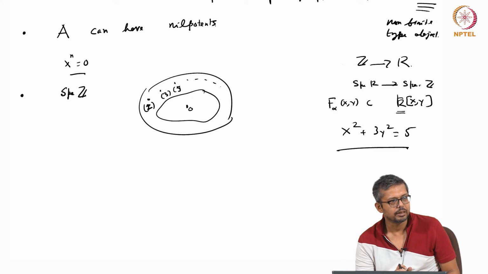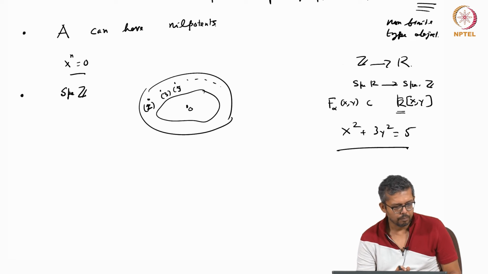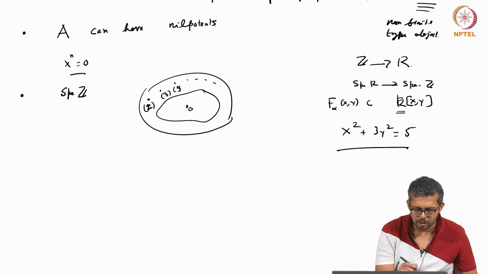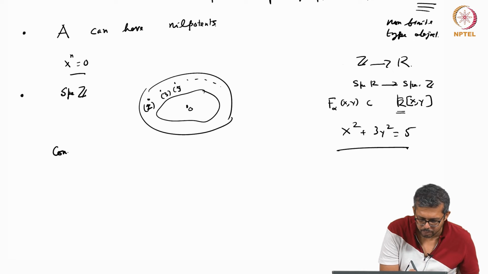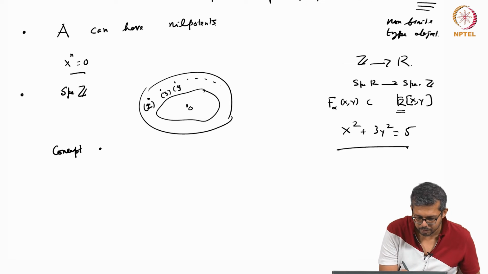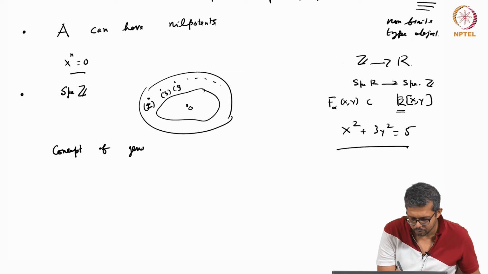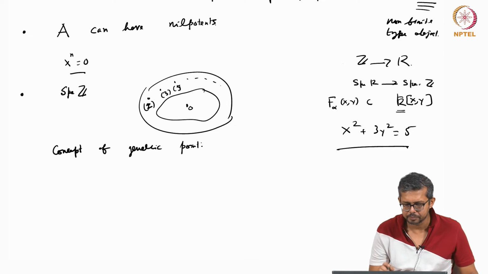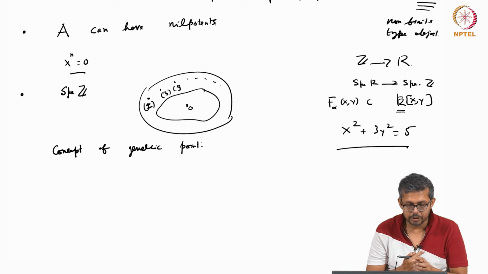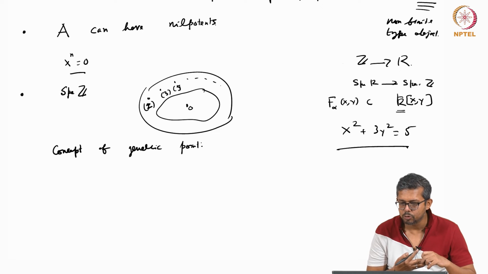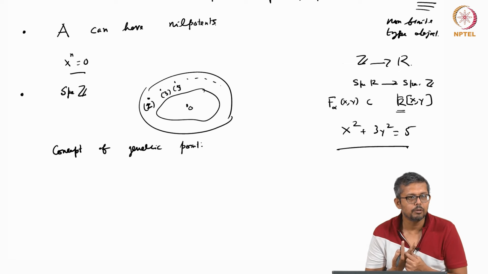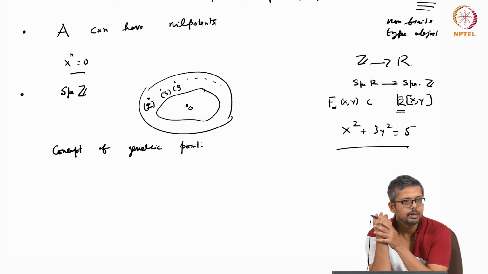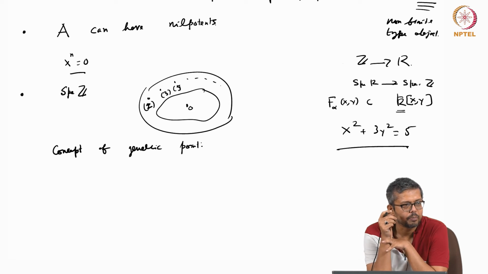Yes, for anything. So this concept of generic points is very important. For example, if you want to do some study over non-algebraically closed fields, these generic points play a very important role.